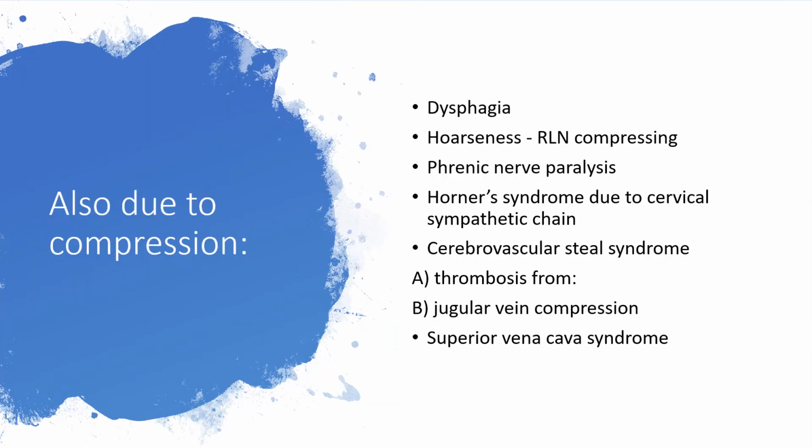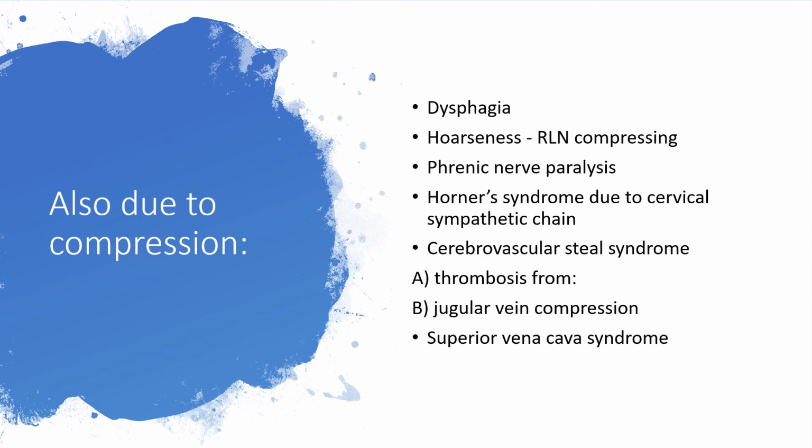It could also be due to compression. When the symptoms are secondary to compression, we might be dealing with dysphagia, that is difficulty in swallowing. Hoarseness of voice, particularly if recurrent laryngeal nerve is compressed. Phrenic nerve paralysis affecting the diaphragm.